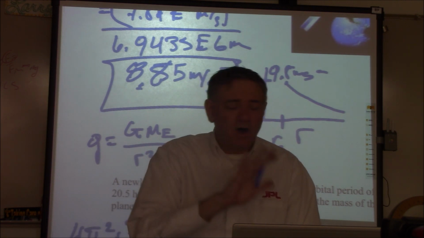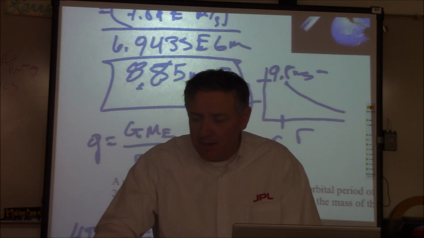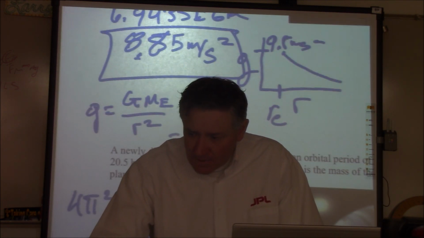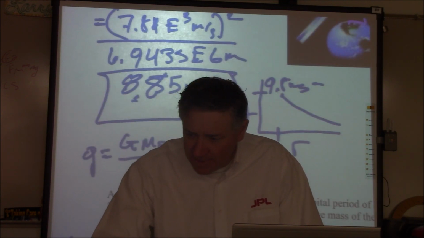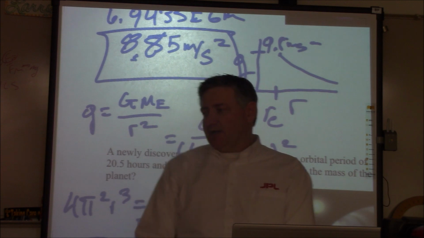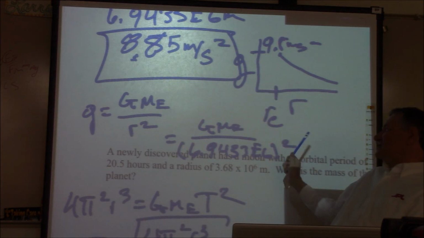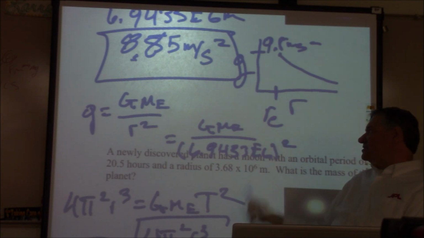There is no other way to do this calculation. That is the only way. So you're going to take big G, mass of the Earth, and divide that by that radius, which was 6.9433 e to the 6th, squared. And do not forget to square this number.